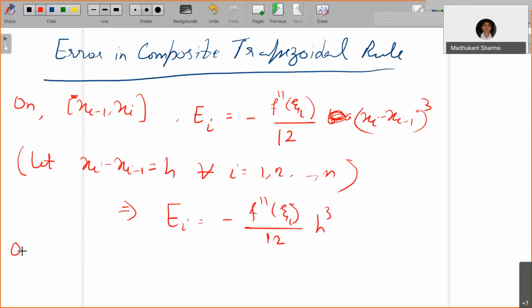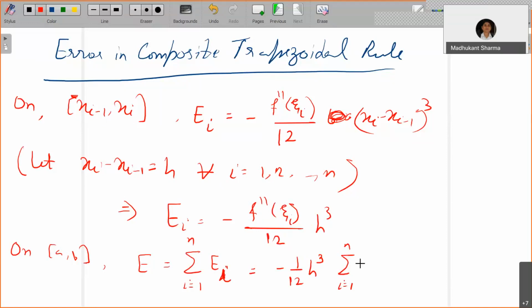So on interval a to b, e is equal to the summation i equal to 1 to n of e_i, right, because i is running from 1 to n here. So that is going to be minus 1 by 12 h cube times the summation i equal to 1 to n of f second derivative at z_i.